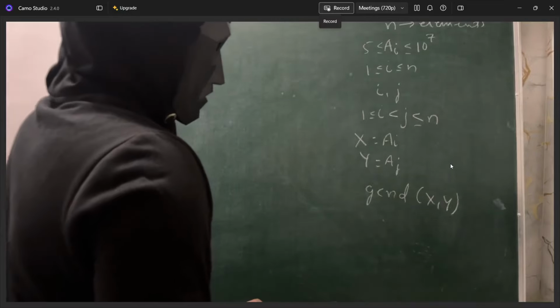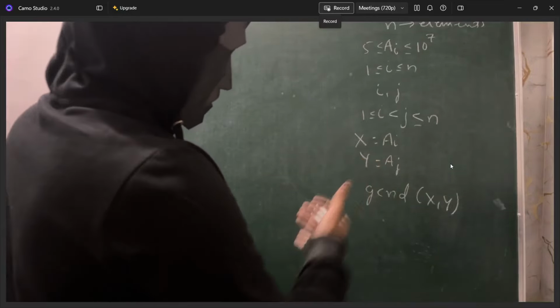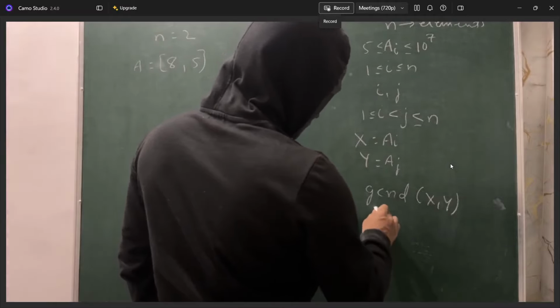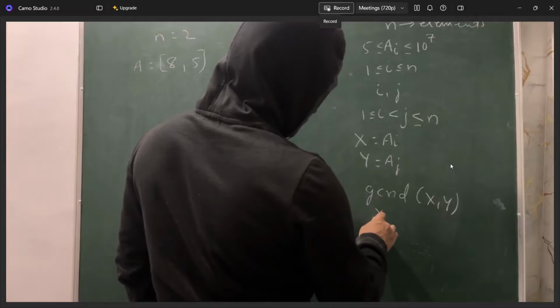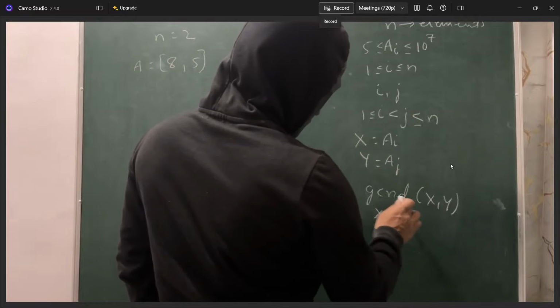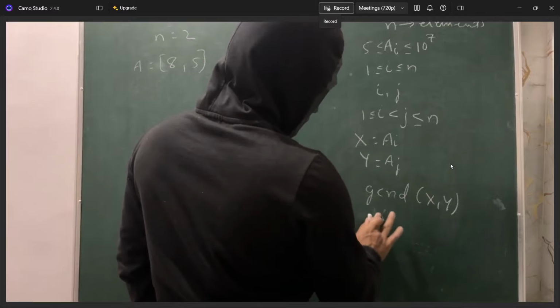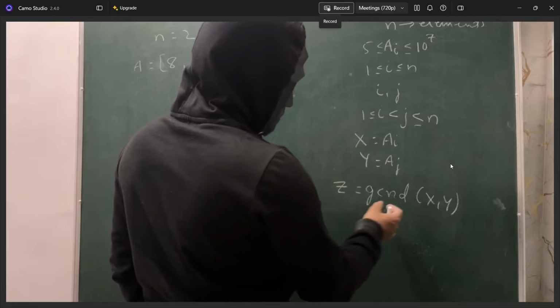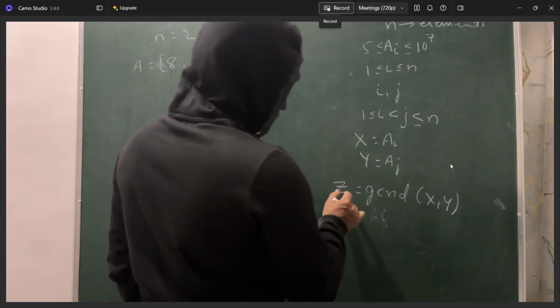The greatest common non-divisor of x and y is defined in this way. You'll have to find the GCND, which is basically given as z. If you find GCND of x and y, its value is z.